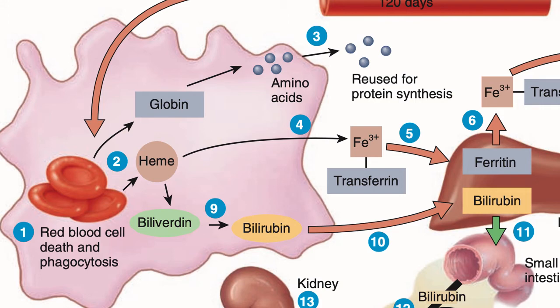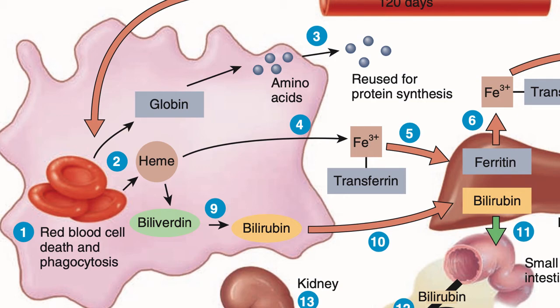Now for the heme component, the iron component of the heme becomes Fe3, and it is carried by the transferrin, because remember when I told you earlier that transferrin is a transporter for Fe3 in the bloodstream. So it's being carried by the transferrin towards the liver.